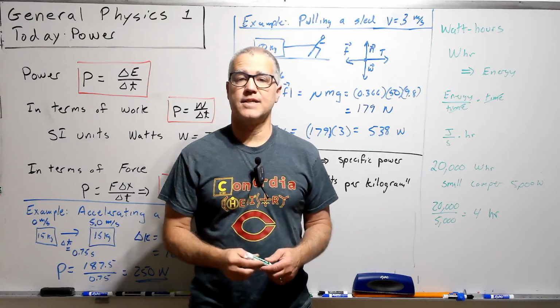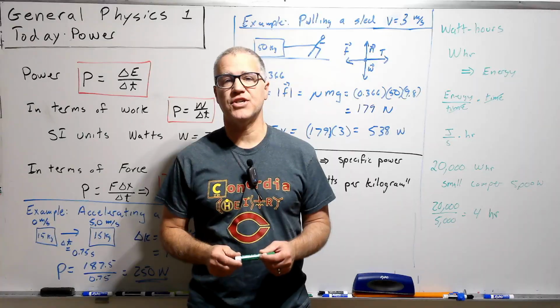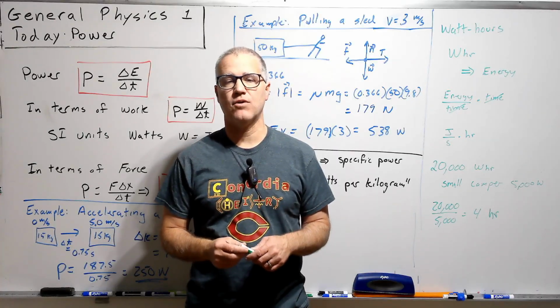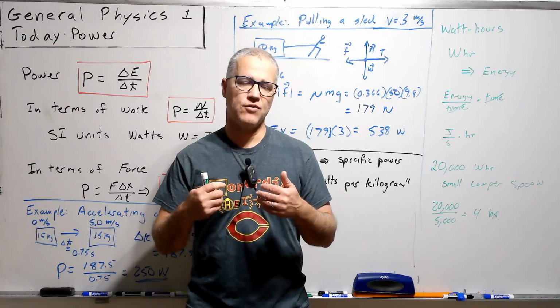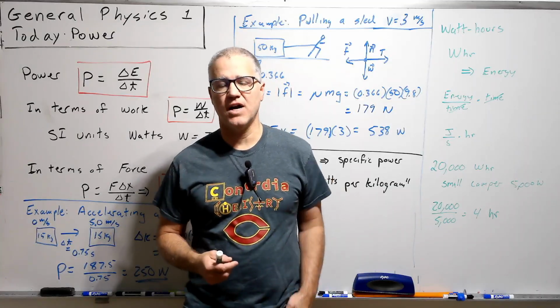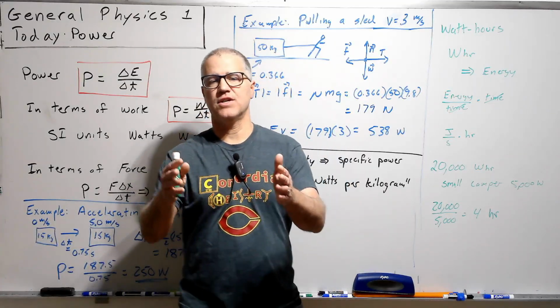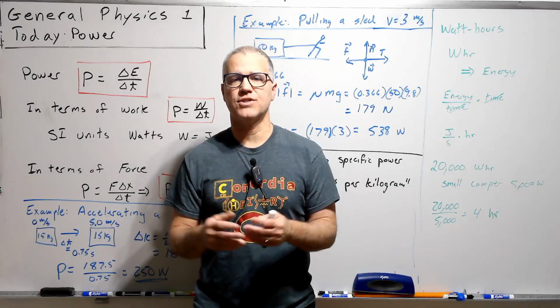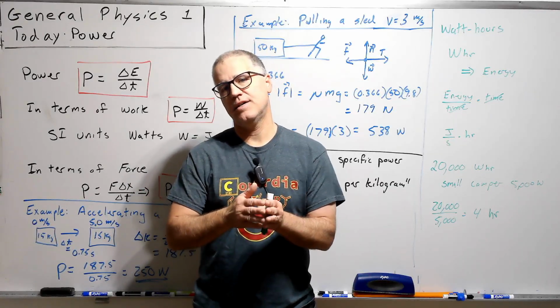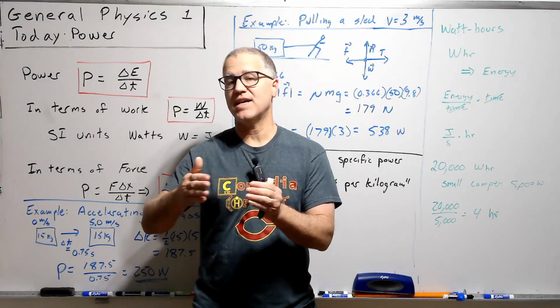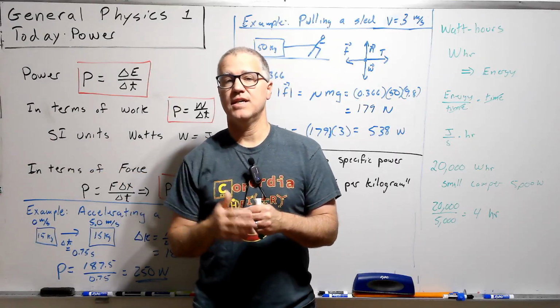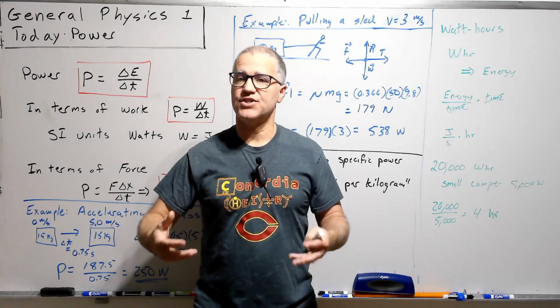Well, we're going to extend our discussion of energy here now to include the concept of power. Power is simply how that energy is delivered over a period of time. So we might have 10 joules of output of some machine, and whether that 10 joules comes in 1 second or in an hour, it's still just 10 joules.